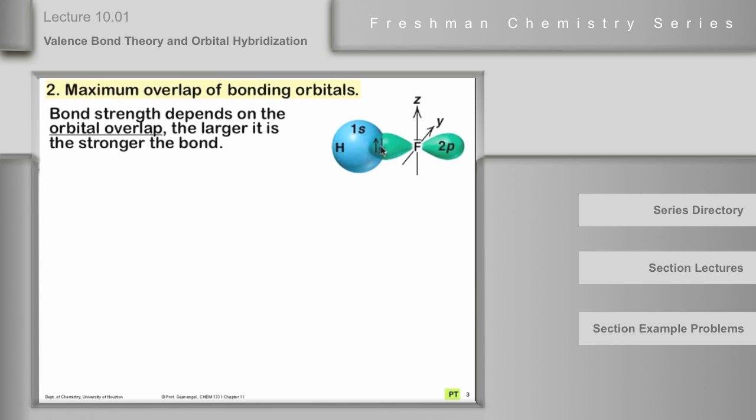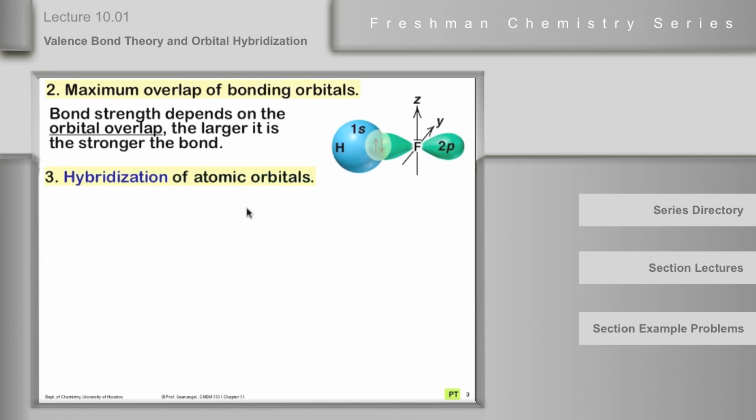We need to get the pair of electrons in there between the 2 atoms and get the atoms at their internuclear distance for this particular kind of bond. In other words, the HF bond distance. So the larger the overlap region, other things being equal, the stronger the bond will be. Right? And you could see I've kind of overlapped this overlap for you here and smeared it so you could see where most of it is.